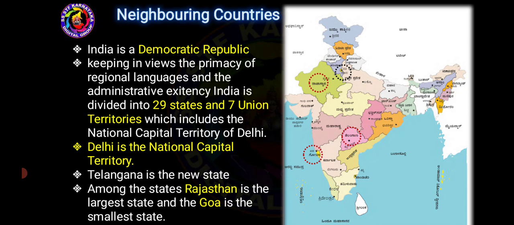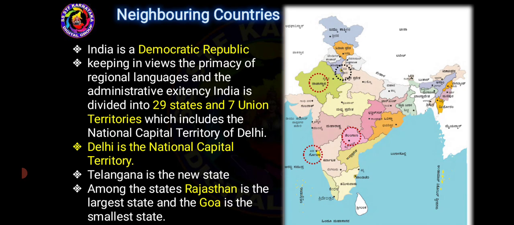For the purpose of easy administration, our country is divided into different states on a linguistic basis. Which means, on the basis of the languages spoken by the people, our country is divided into 29 states and 7 union territories.